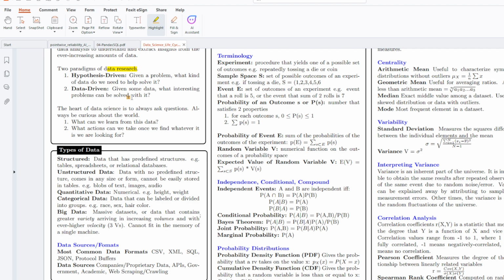Now that process where you beat, in this case, you are not beating humans, but data. You try to crunch the data until you get the answers to the questions that you are looking for.